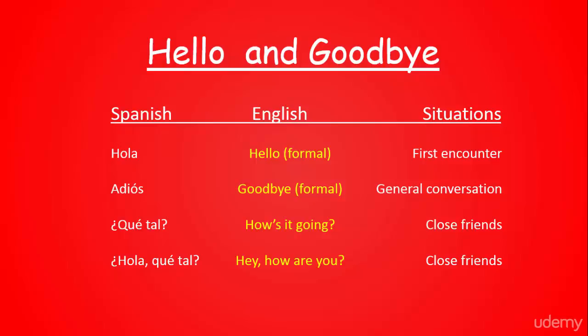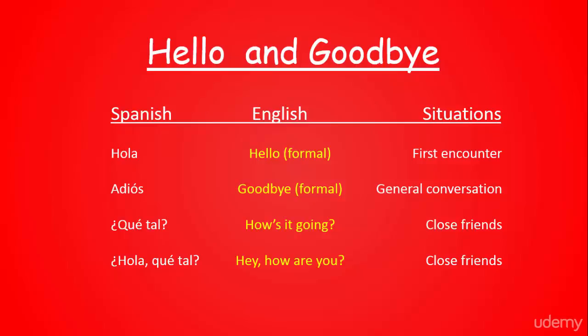This is what we'd say for hello. It's quite formal. There are less formal versions, but in our formal situation, we would say hola, adios. Now in our general conversation, this is how we would say goodbye. Adios. ¿Qué tal?